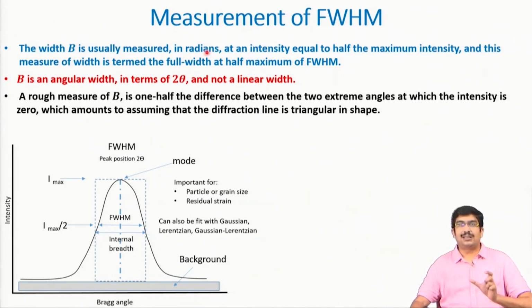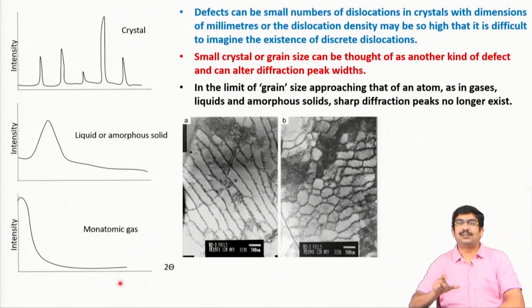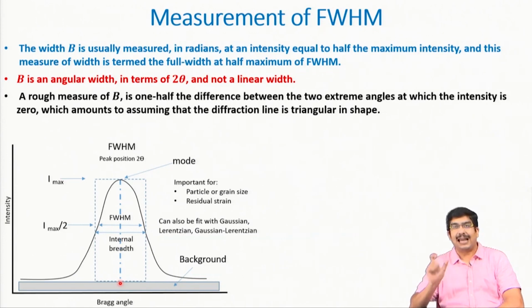This is usually measured in radians. You must remember that the FWHM is an angular width. If you take a real diffraction profile and measure the FWHM, what you are measuring is along the axis given in terms of 2 theta, so it is normally given in radians, or you can express it in degrees as well.